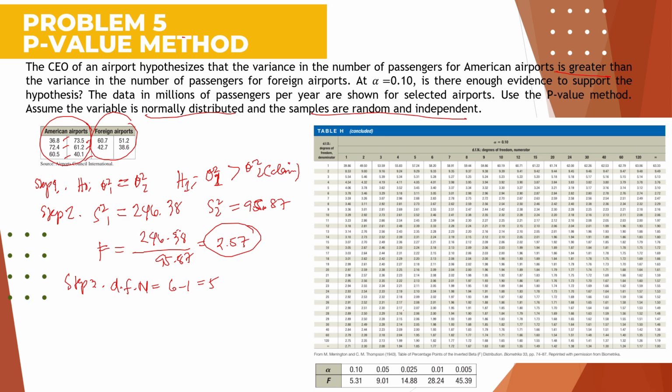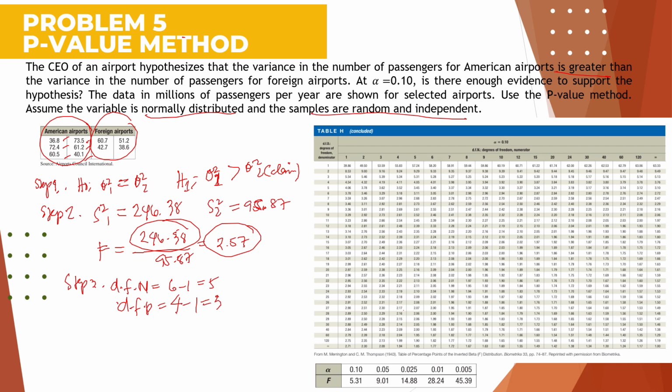Since our numerator is the larger variance, the number of n in our numerator is 6 minus 1 to get the degrees of freedom of the numerator. And for our DFD, we have 4 minus 1 for the denominator, which is 3.